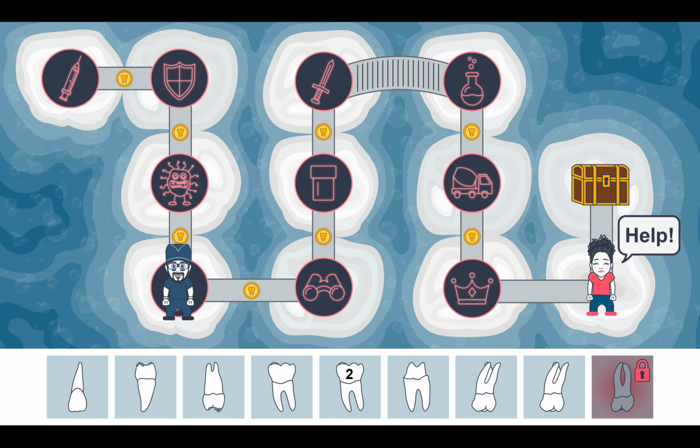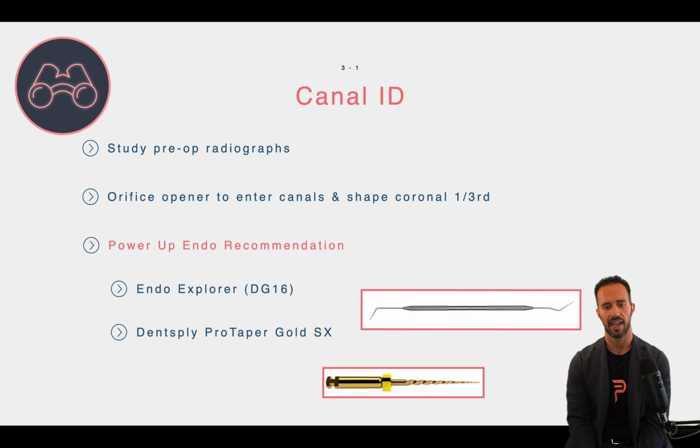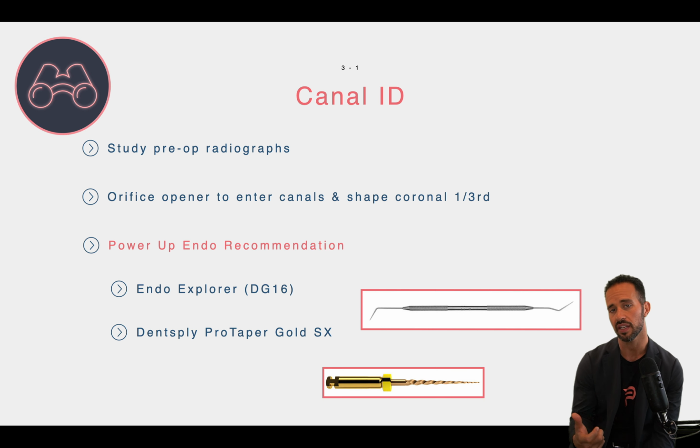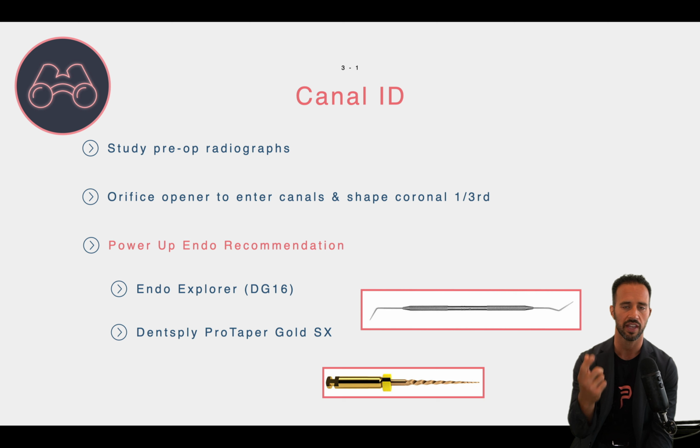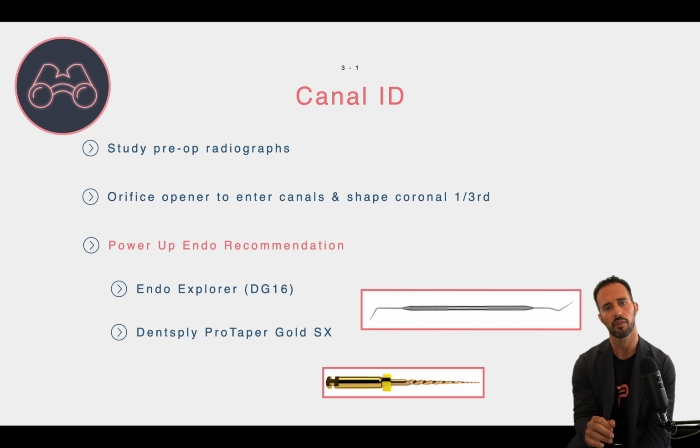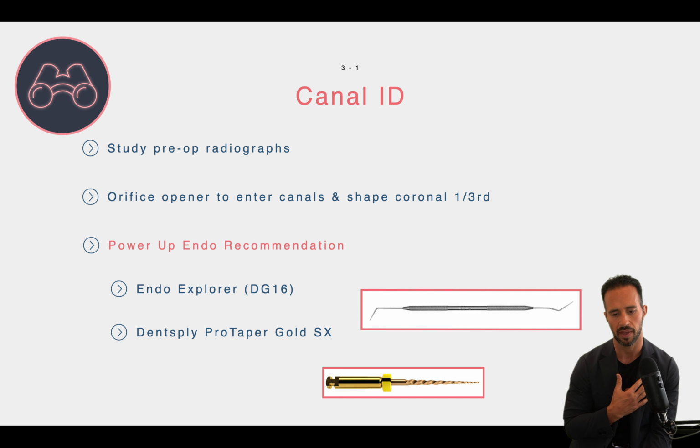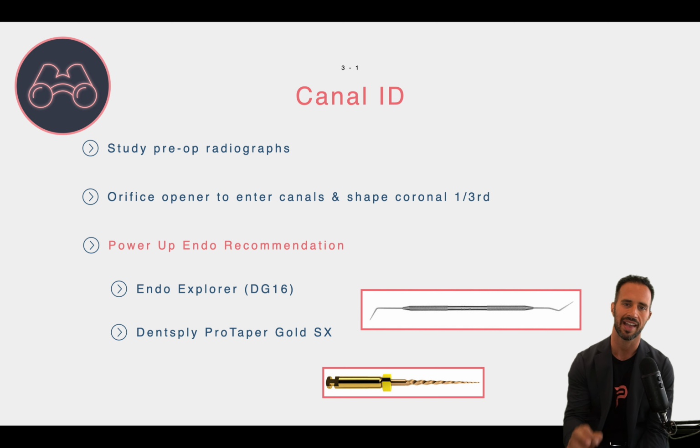So once our access preparation is complete, then we're going to move on to our canal identification. You're going to obviously want to study your preoperative radiographs so you know what you're getting into prior to your endo treatment. But once you've discovered your canals and you've pecked at them with your Endo Explorer, then you're going to use your orifice opener to open up the shape of those canals. The orifice opener that I recommend is the ProTaper Gold SX orifice opener, and you're going to see that over and over in the live case demonstrations.